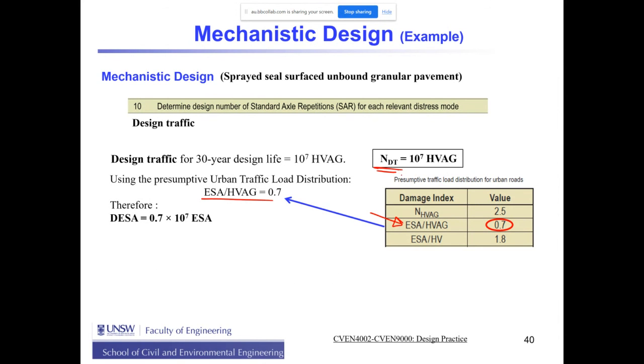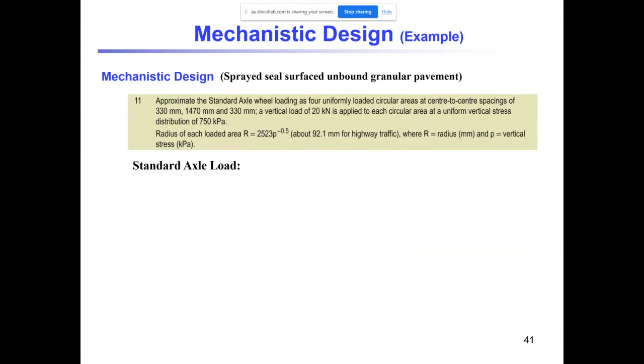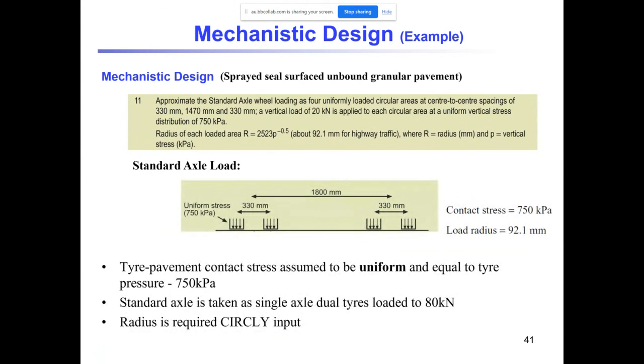You simply multiply damage index with NDT and you determine the design traffic. The design traffic becomes 0.7 times 10 to the power 7. In the next step, we need to determine the strains.